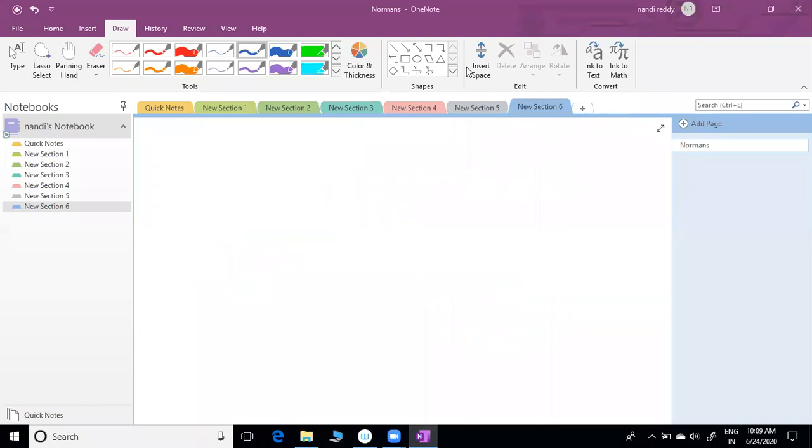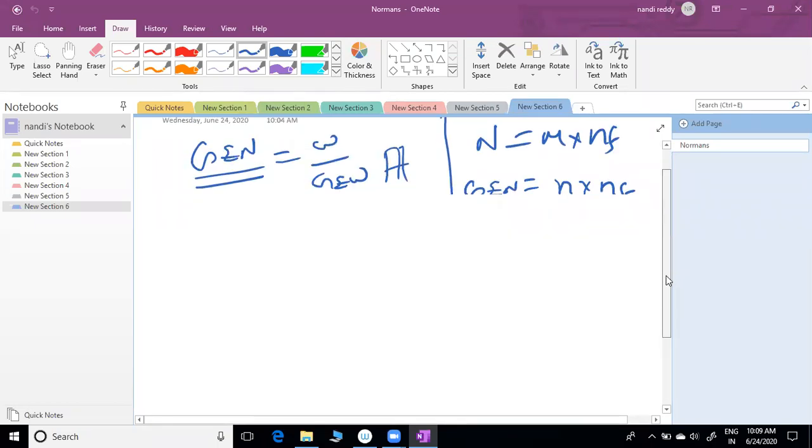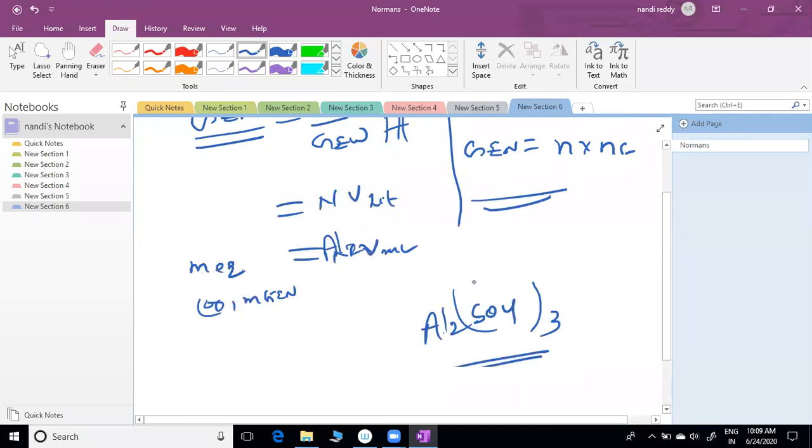Anandaram, KVSS11. Can you give the n factor for aluminum sulfate? What is the aluminum sulfate n factor?